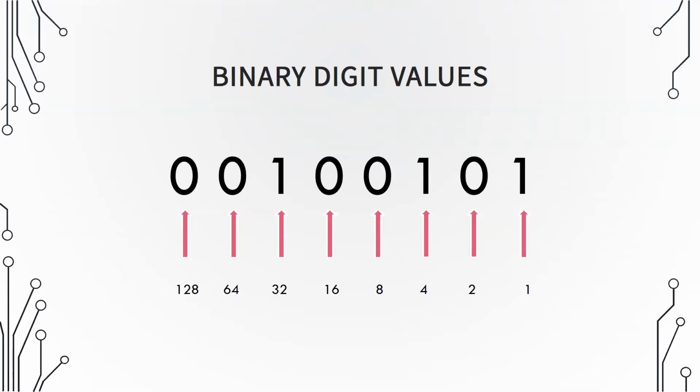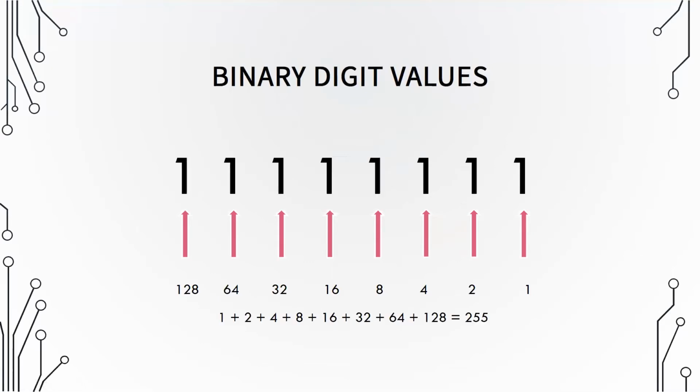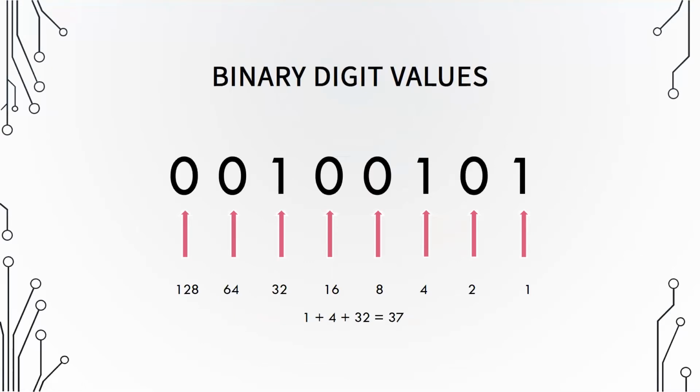As you notice, each time the number jumps, it also doubles. These numbers can be used to represent our data by adding them on switches together. In this case, we add together the 1, the 4, and the 32 to give us a value of 37. Therefore, what you're looking at right now is the bit pattern for 37.